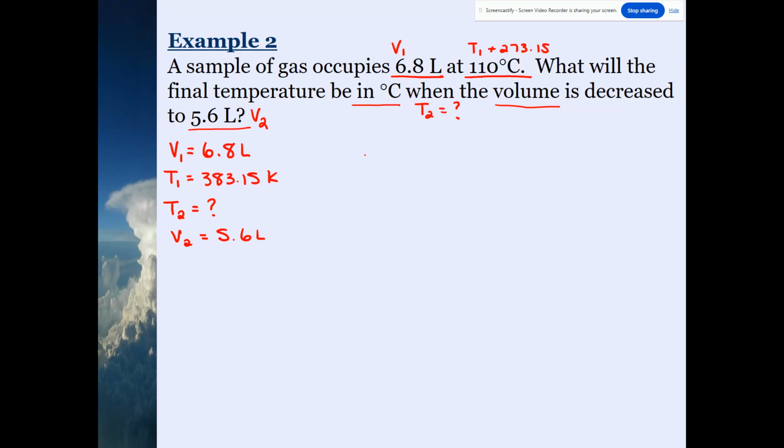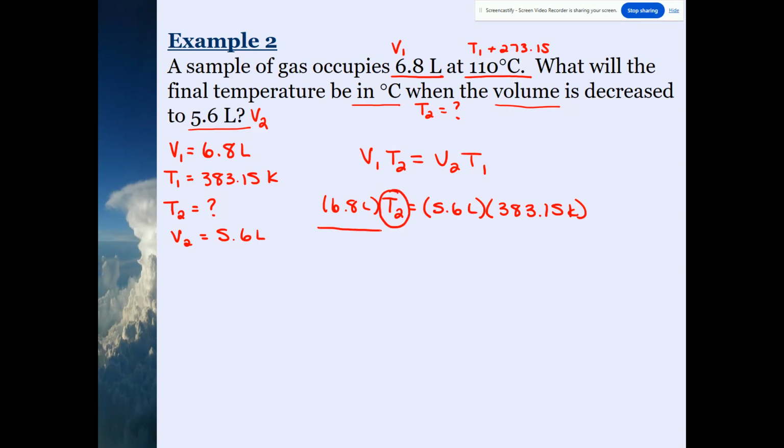Okay? So if we write our formula, V₁T₂ equals V₂T₁. My V1 was 6.8 liters. My T2 is unknown. My V2 is 5.6 liters. And my T1 is 383.15 Kelvin. Now I want to solve for T2.